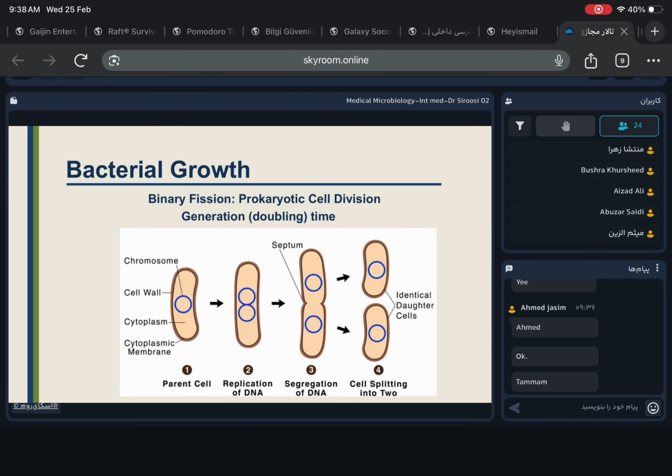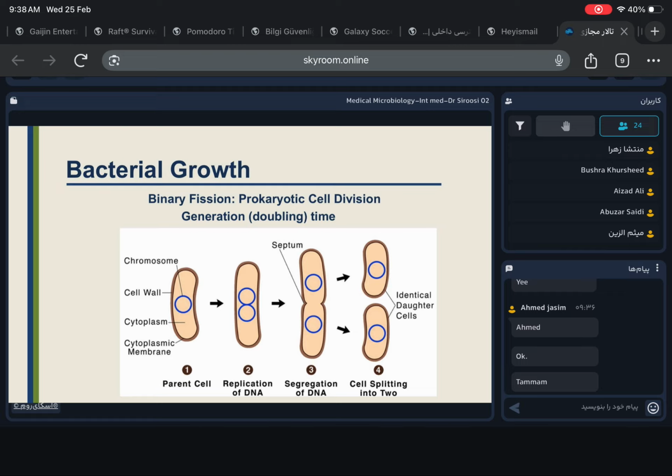When we talk about bacterial growth, we consider bacteria as a population. So when the number of bacteria in this population increases, we say that this population is growing. So we don't see bacteria as individual cells when it comes to bacterial growth.